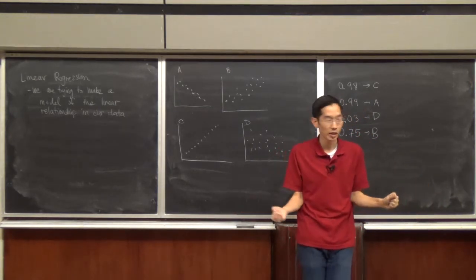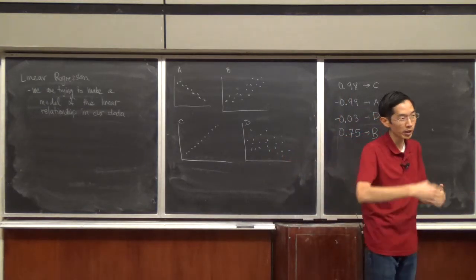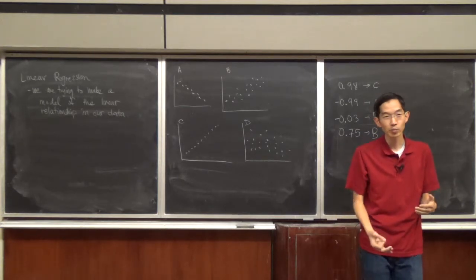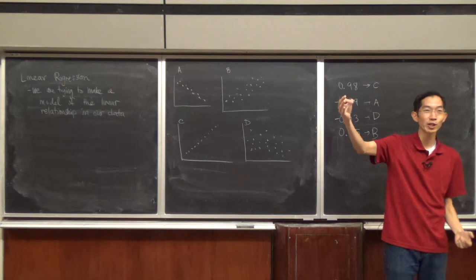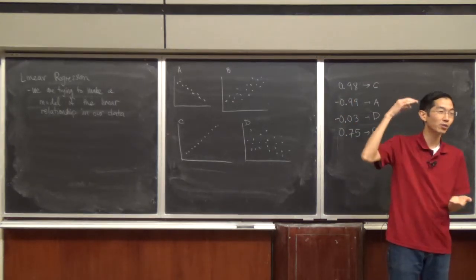Does that make sense? Or if we were looking at the relationship between how many miles you've driven and how much gasoline is left in your car, before we just said if you drove more, you will have less gas left. If you drove less, you will have more gas remaining.